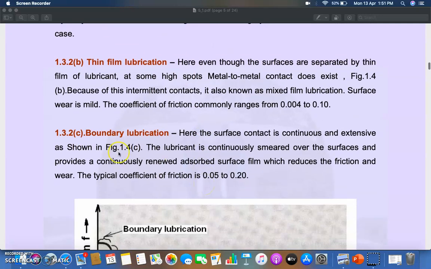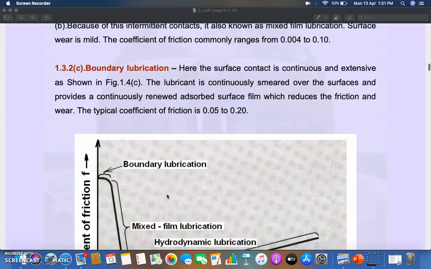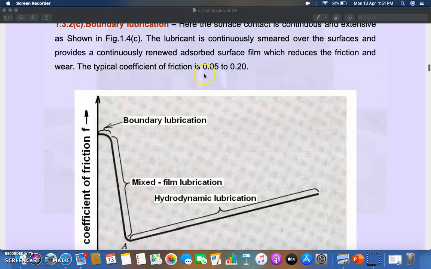In boundary lubrication, the typical coefficient of friction is roughly 0.05 to 0.2. The lubricant is continuously smeared over the surfaces and provides a continuously renewed absorbed surface film, which reduces friction and wear.